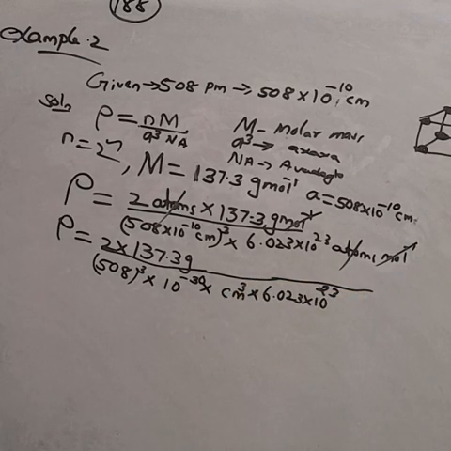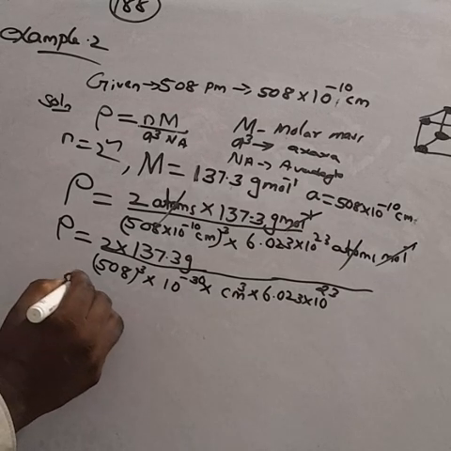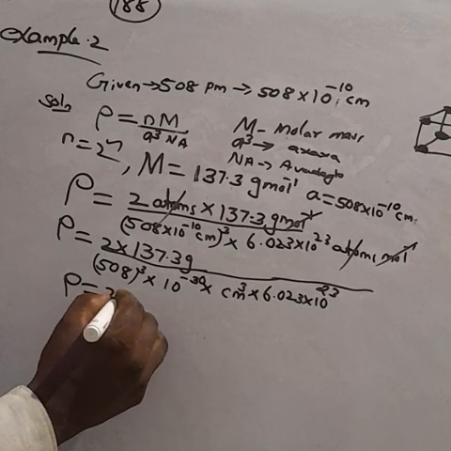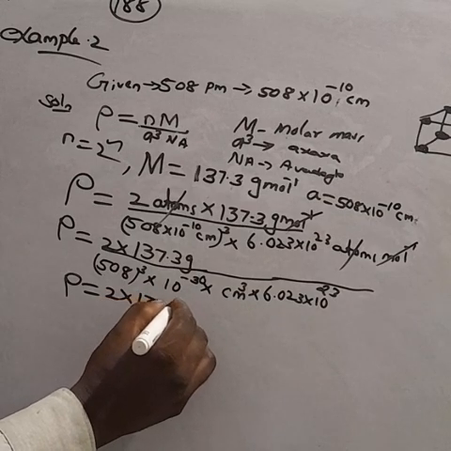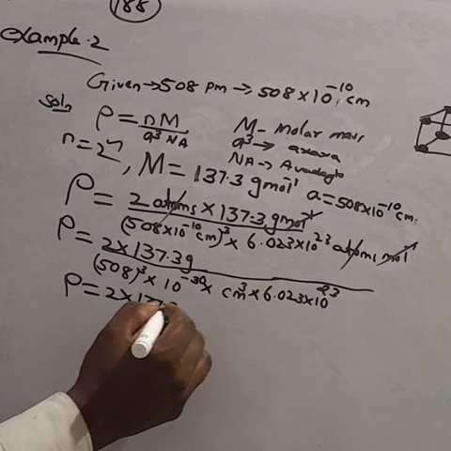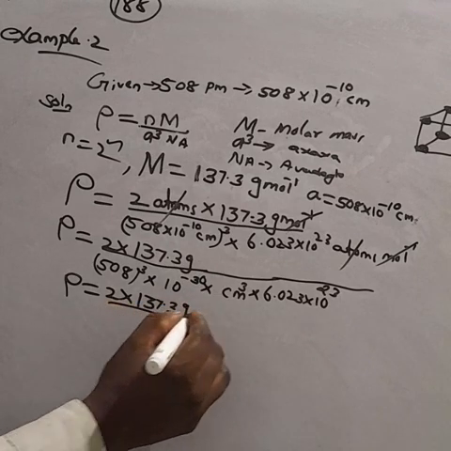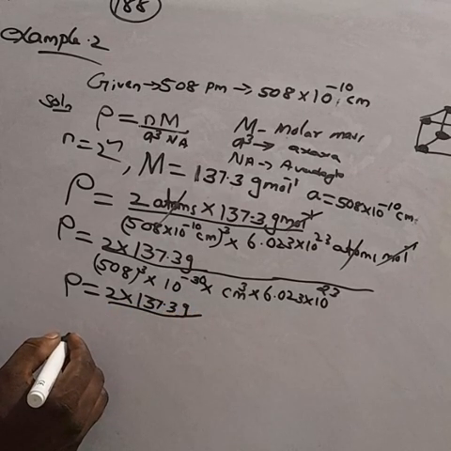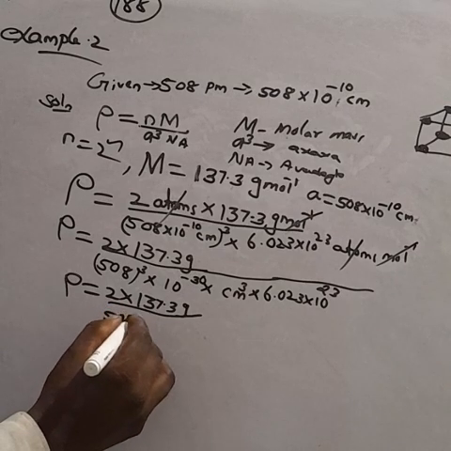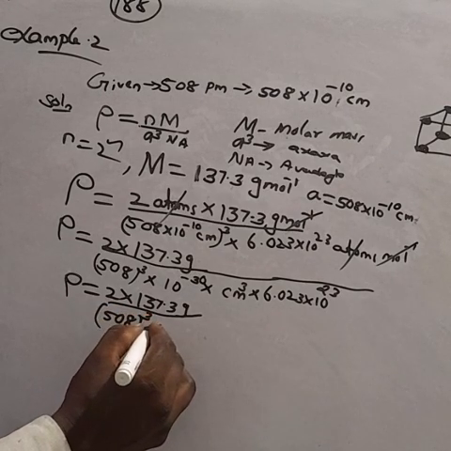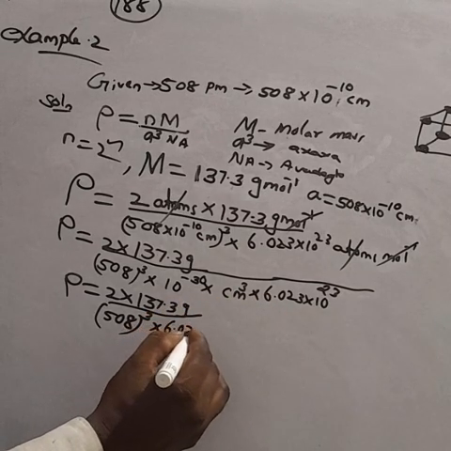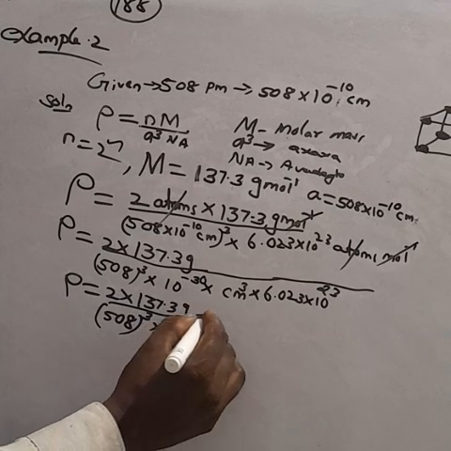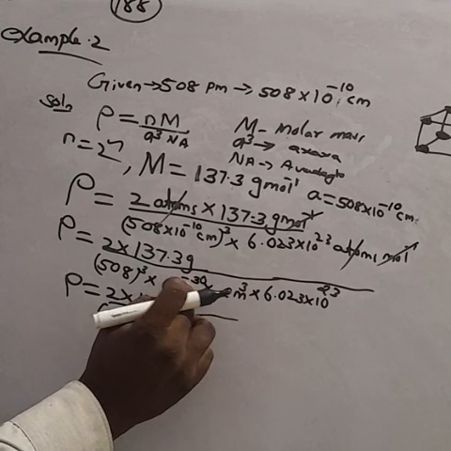Next, again I am going to cut short this one. Rho is equal to 2 into 137.3 gram divided by 508 cube into, first taking the Avogadro number, 6.023 into 10 raised to minus 30 into 10 raised to plus 23.